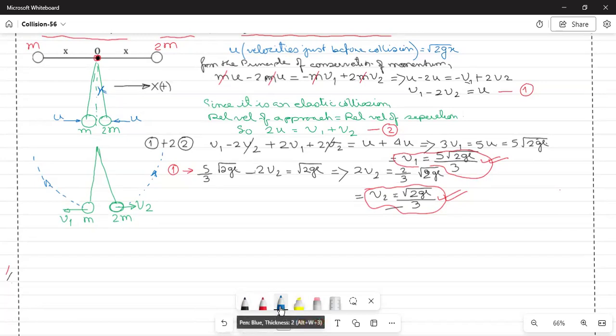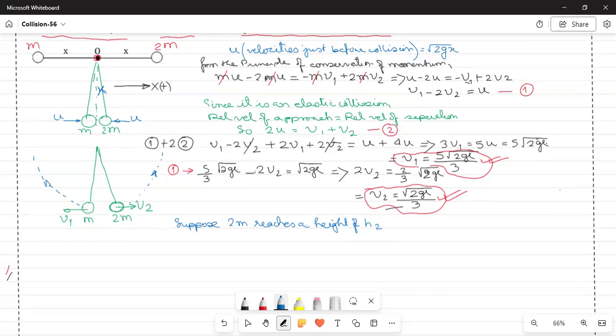Let us write it like this. Suppose the 2m body reaches the height of H2.